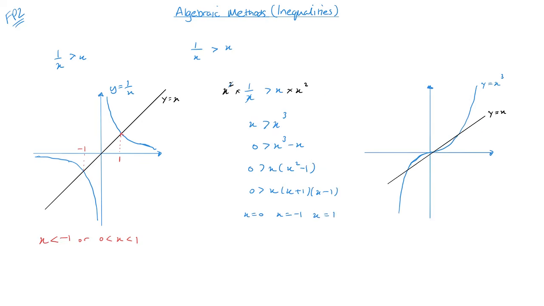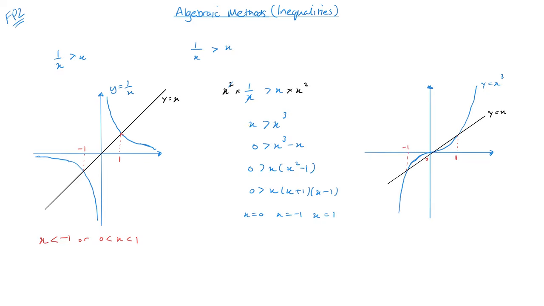The graph will look like this. This is the x cubed graph, and then the x graph here. We first want to know these critical points. Well, we've already worked these out, so it's 1, 0, and -1. That's where the graphs meet. Now I can look at what's happening.